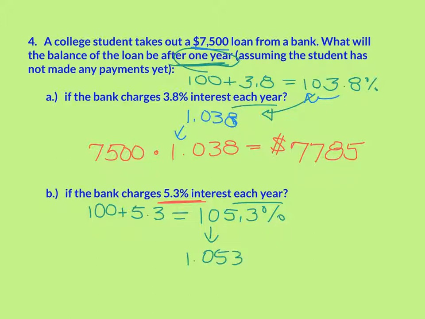I'm going to be multiplying that times my original amount, which continues to be the 7,500. So I'm going to have 7,500 times 1.053, and that is going to equal $7,897.50.